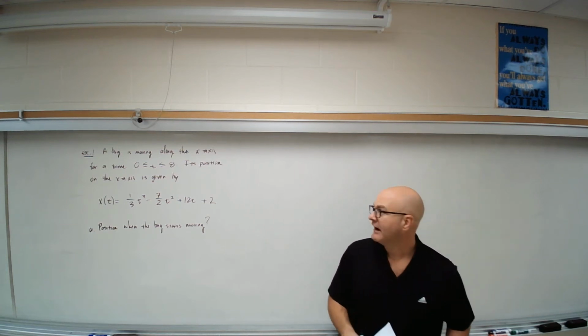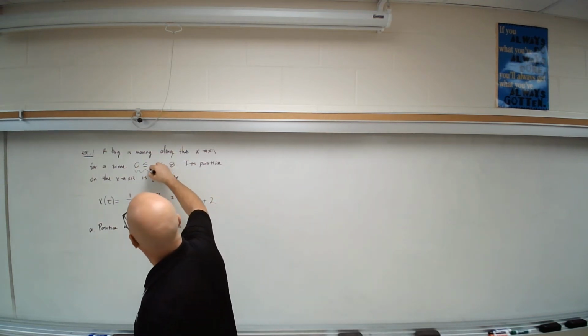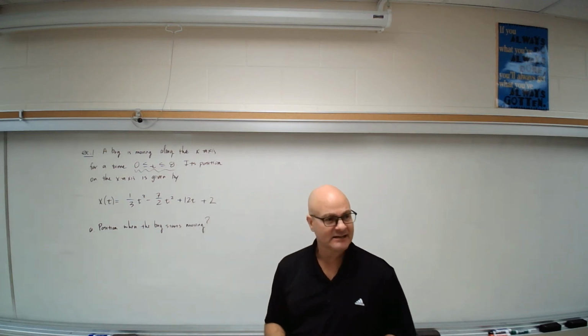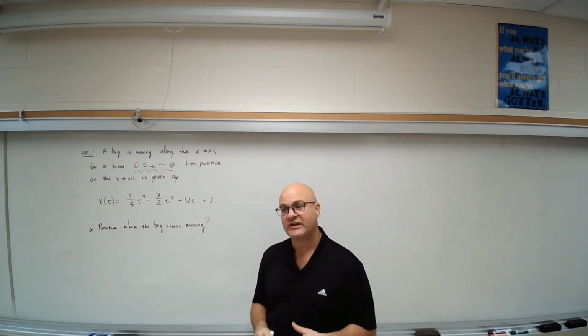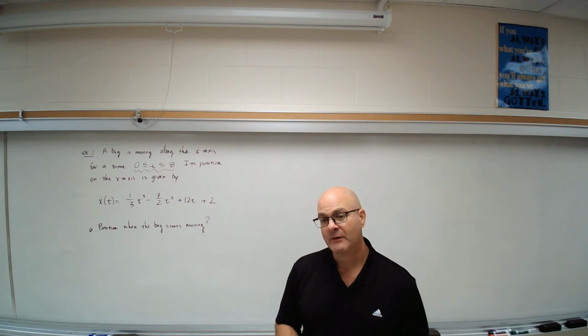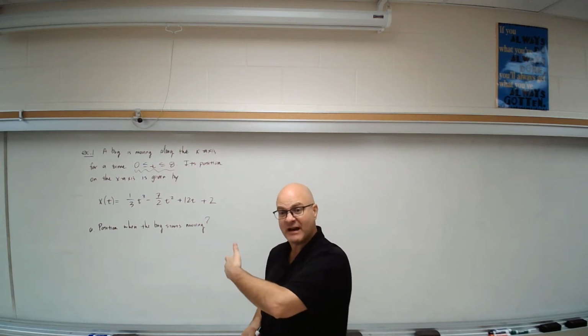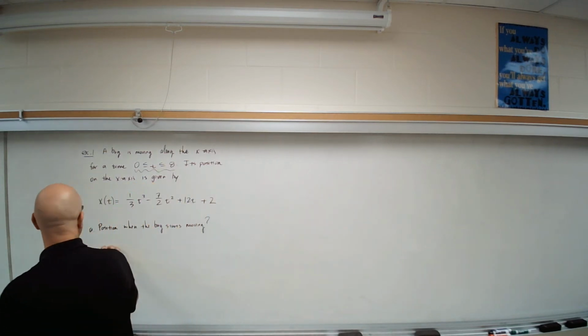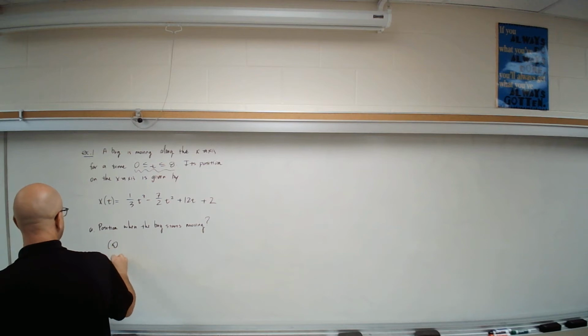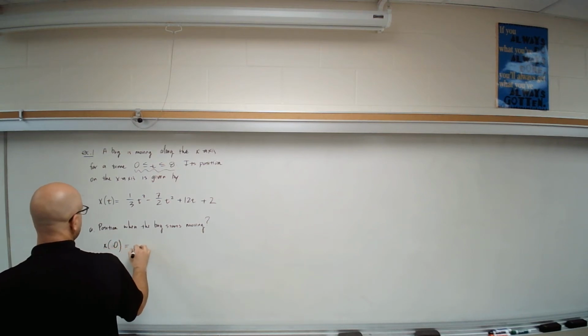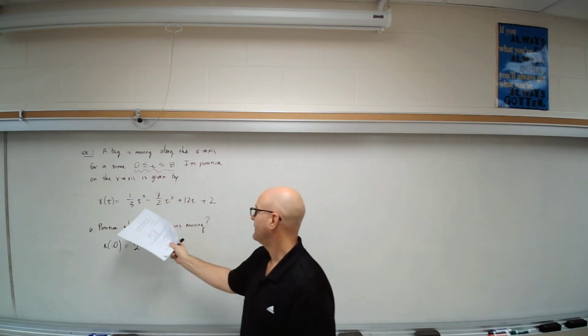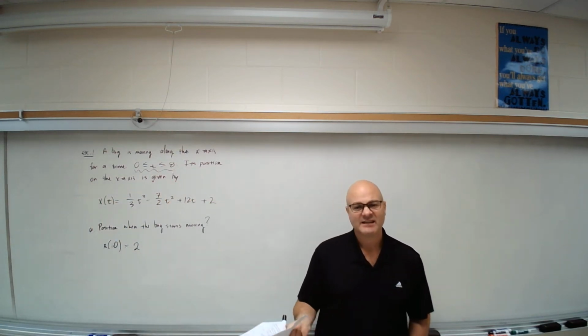Because this was defined from 0 to 8 seconds. So the initial position would be the position at time 0, and position is just given by this function. So x of 0 is going to be 2. Put 0 in there for all the t's, you just get 2.